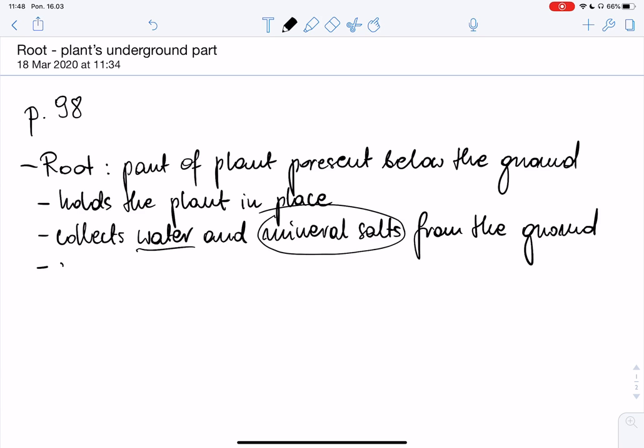So it stores food for winter. Food is not the food because we understand, I hope that you remember this, that plants are autotrophs. That means that they don't eat anything, but for the sake of lesson, let's just say it's food. It's actually the storage material.